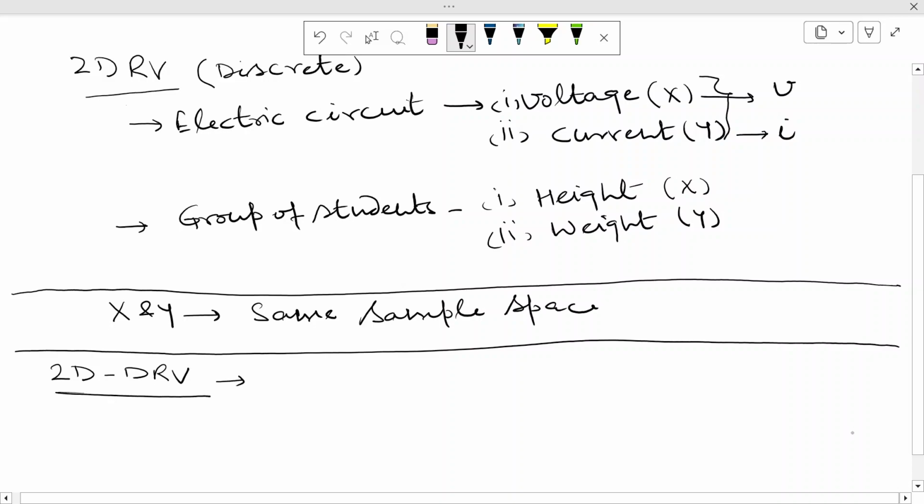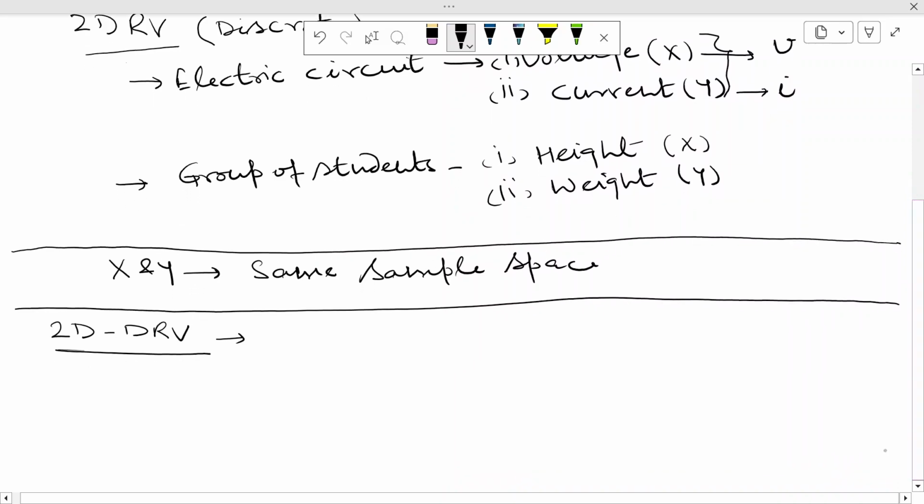So let us assume that we have two random variables X and Y, and there are different possible values for X, like x1, x2, up to xn. Similarly, we have different values y1, y2, up to ym.